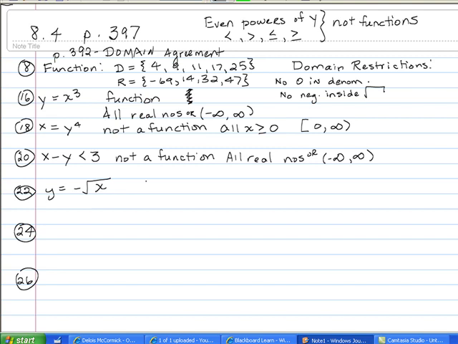And x would have to be greater than or equal to 0, or 0 to infinity, since it's inside the radical, we would have to have it be non-negative.